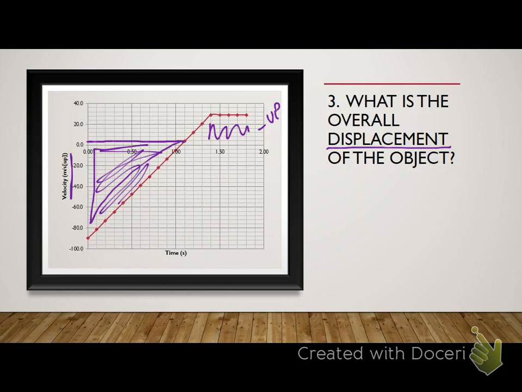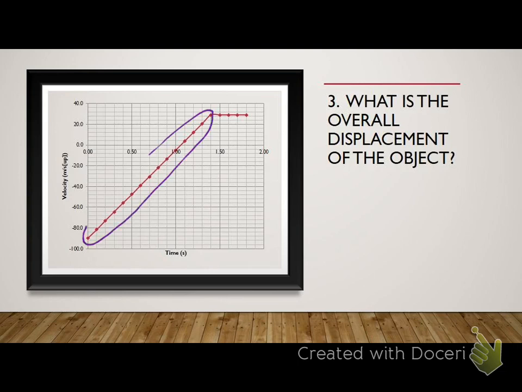Now, the easiest way to approach a question like this is to find where there is a uniform acceleration, because when you find a uniform acceleration, then you can just use a kinematic equation to solve the displacement for that section. So that is found with this entire line.